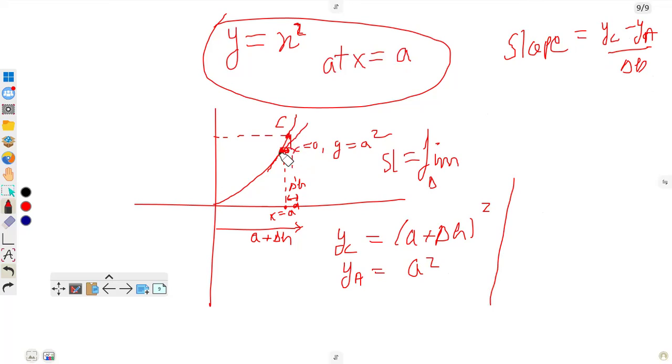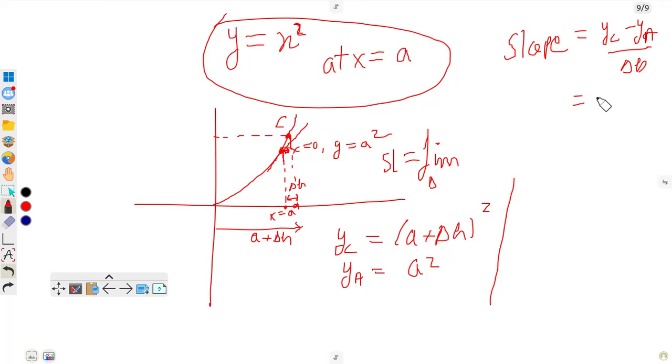Is everything clear? I may be going too fast, but I think you guys can understand. Yc minus ya: yc is a plus delta h whole squared minus a squared.